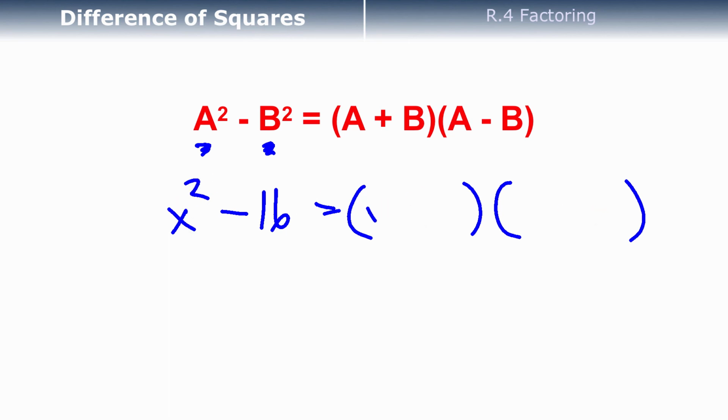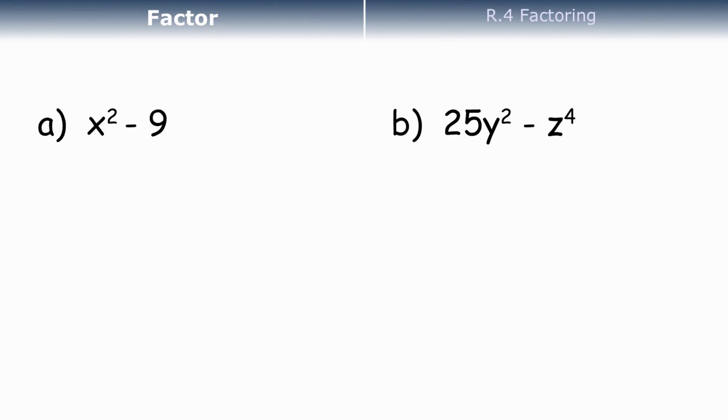I split the x into an x and an x. I split the 16 into whatever its perfect square is, and it'd be 4. So I put a 4 there and a 4 there. One's plus, one's minus, done. If you wanted to FOIL it out and check, you can, and you notice the middle two terms will cancel.